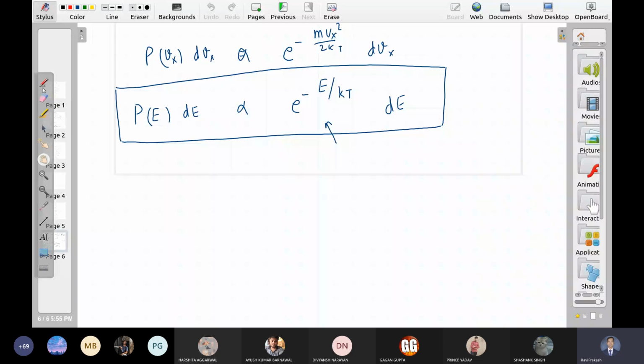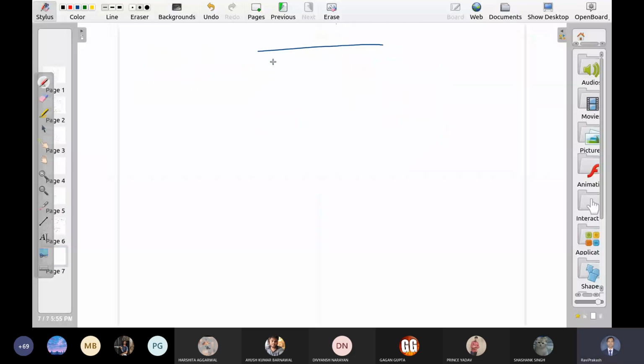So we have this substance, and in this substance, some dipole moments are in this direction, some in this direction, some in this. Let us say this is the applied field.